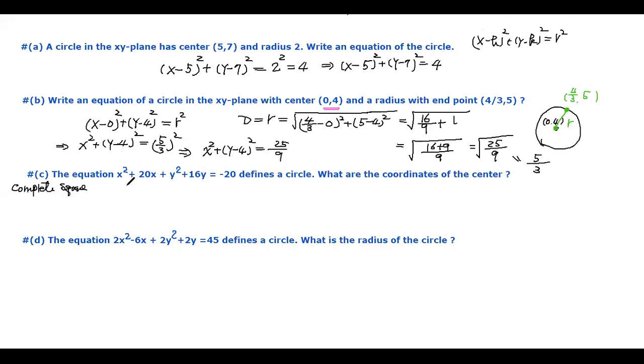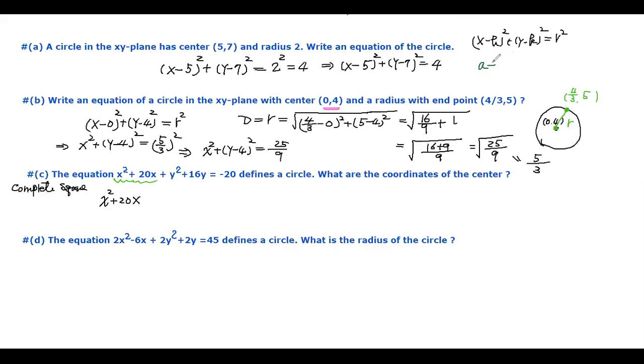First, I'm going to complete the square for the x part. This is x squared plus 20x here. Remember we said to complete the square, I use this formula. Let me use a different color so you can see that better.